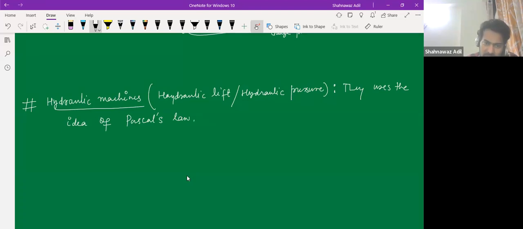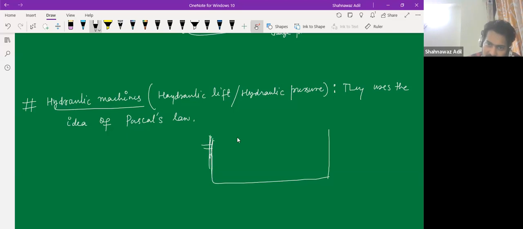So let me show you the schematic diagram of Pascal's law and how they use it. Let's say we have this container, right?